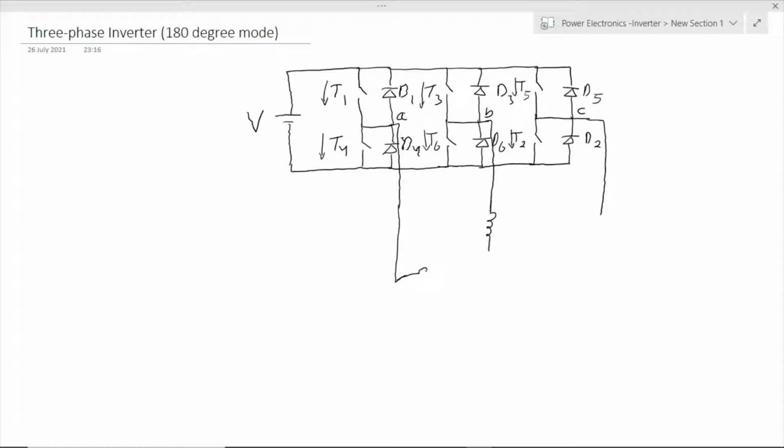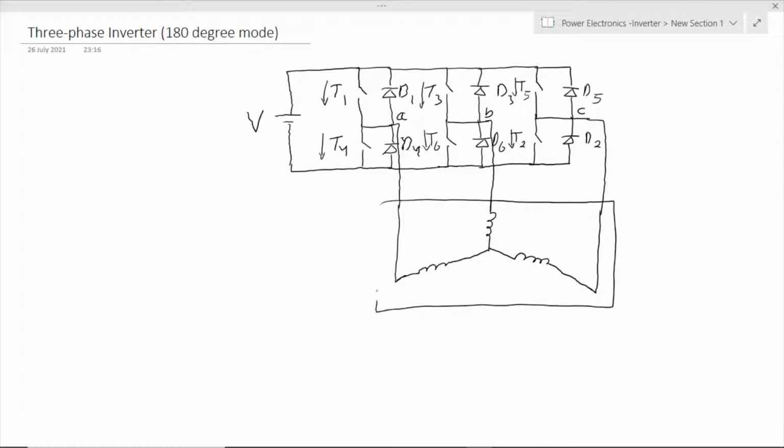This three phase supply will be used to supply a three phase load. So this is your three phase load, and the star point is our neutral. Fine. So this is our circuit diagram.